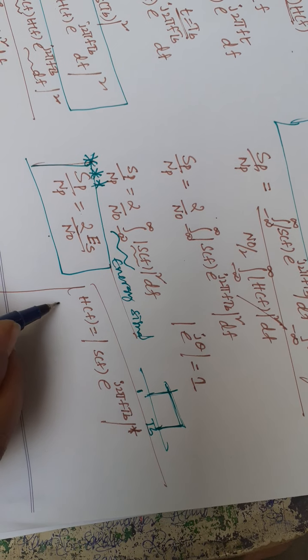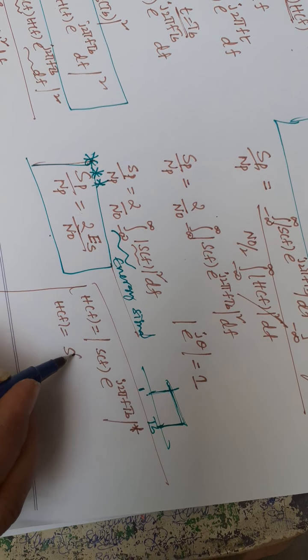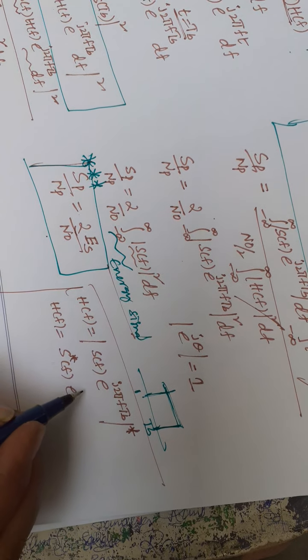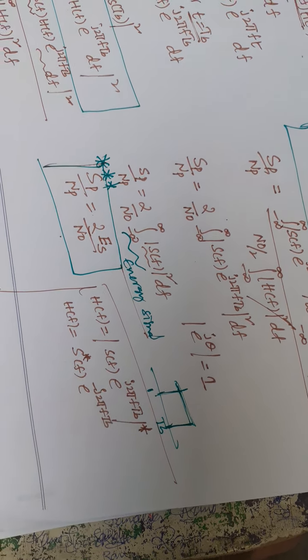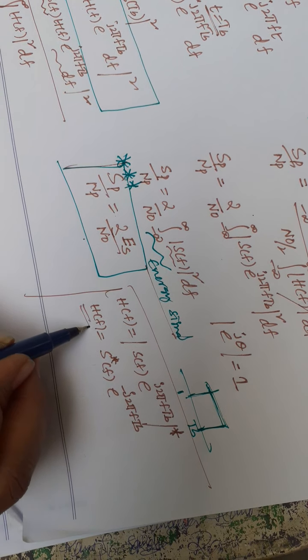This can be written as H(f) is equal to S*(f) e^(-j2πfTb), because of the complex conjugate. Okay, now we know H(f).